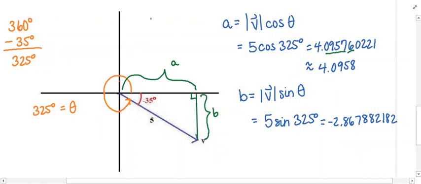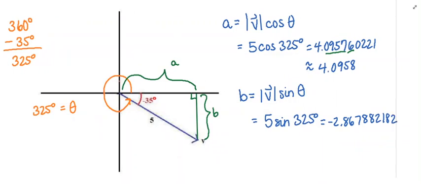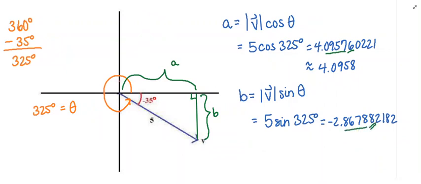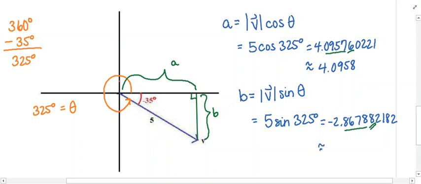We will round to 4 places after the decimal point. So we've got 878. There's an 8 that comes after it, so we will round this component to negative 2.8679.